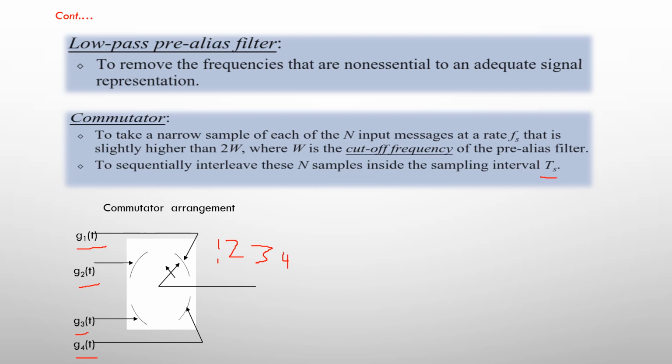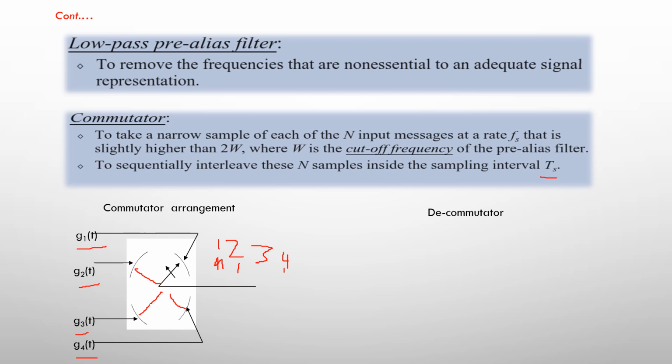At 1 second the commutator allows G1(t), in the next interval it allows G2(t), in the third interval it allows G3(t), and in the fourth interval it allows G4(t). The main function of the commutator is to convert multiple inputs into a single output.